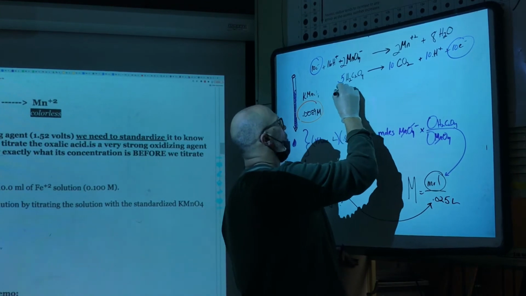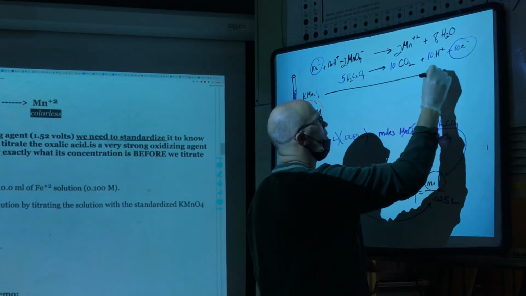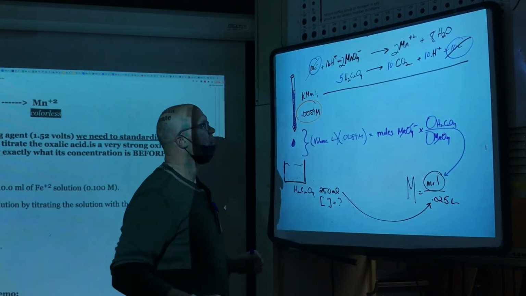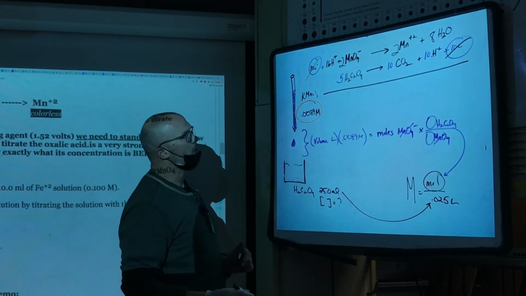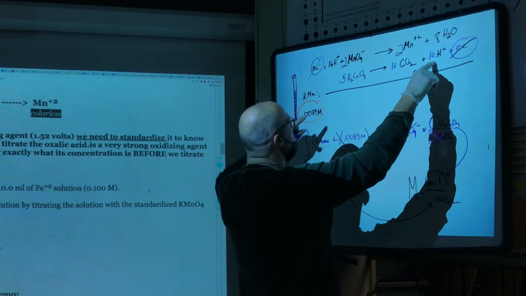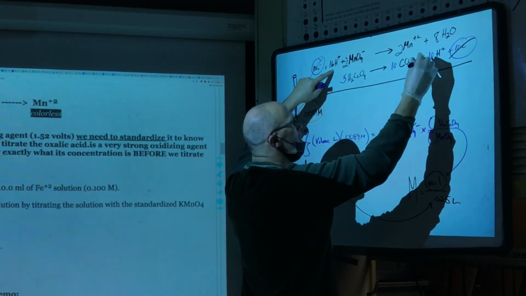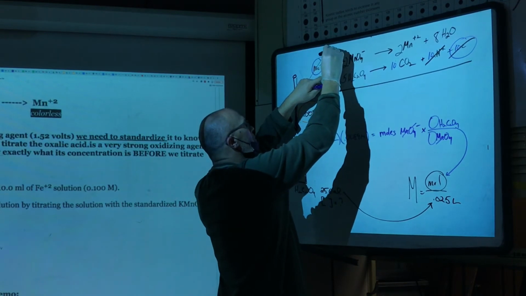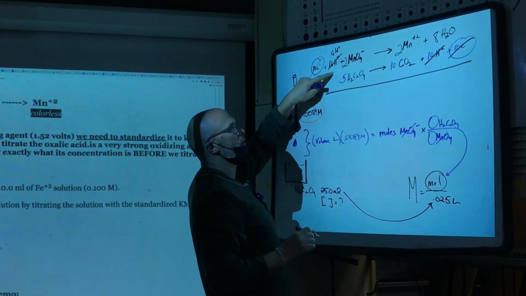Let's write the overall reaction. 10 electrons cancel, so we don't write that. And look at here, there's 10 protons and 16 protons. So that goes bye-bye, and this goes to 6 protons. Everything else I don't have to balance.